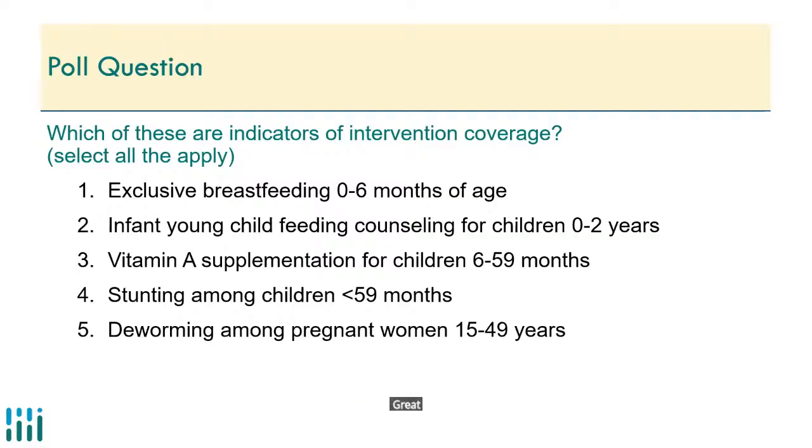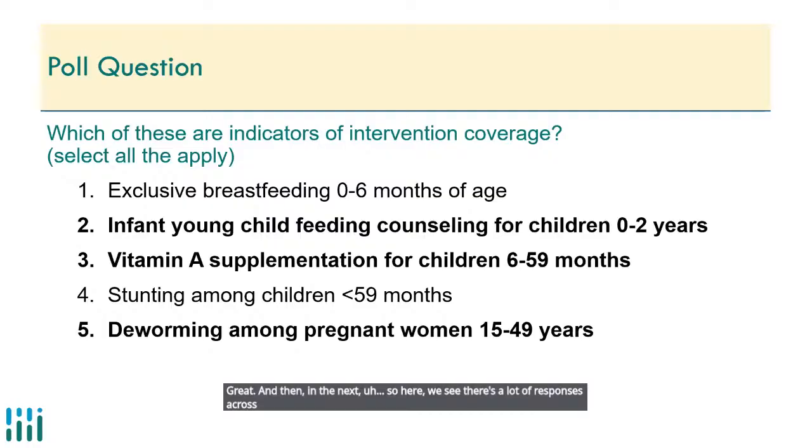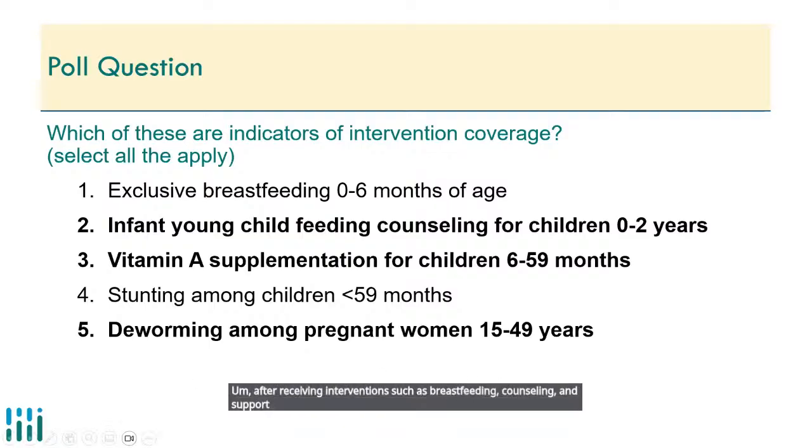Great. Here we see there are a lot of responses across all of the different indicators, but in this slide we bolded in red the responses that are correct. At the top, exclusive breastfeeding is a practice after receiving interventions such as breastfeeding counseling and support, and stunting is an outcome that assesses the nutritional status of young children.